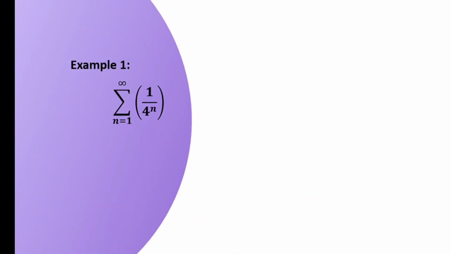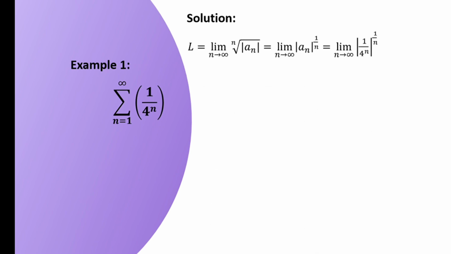Example number 1. The summation of 1 over 4 to the power of n, where n is equal to 1. The solution. To get the limit, we have this formula: L is equal to the limit of the nth root of the absolute value of a sub n, where n approaches infinity, which is also equal to the limit of the absolute value of a sub n raised to the power of 1 over n, where n approaches infinity.